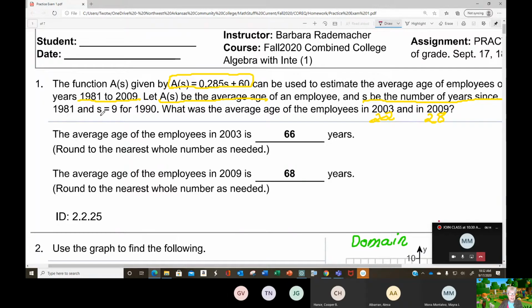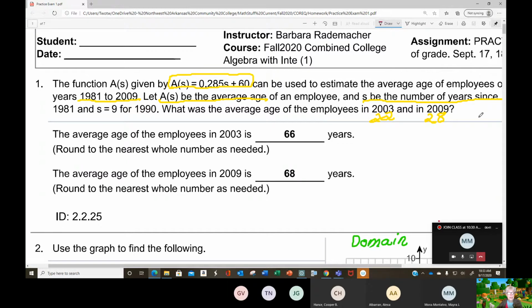So s equals 9 would equal 1990, because we're looking at years after 1981, so 1982 would be year 1. It's weird, but 1982 would be year 1, because it's 1 year after 1981.